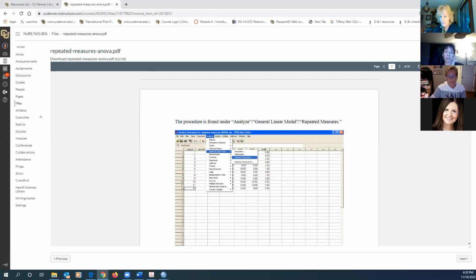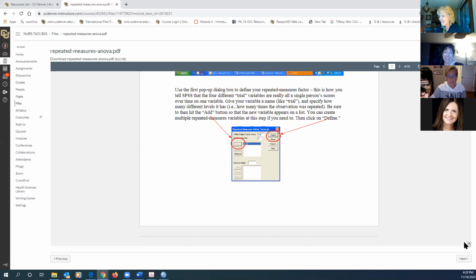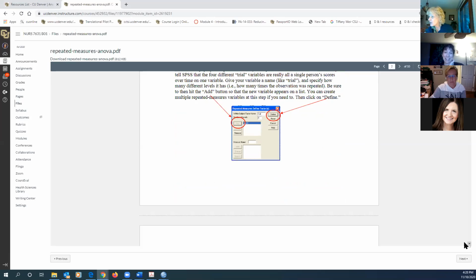Unfortunately, I know what each screenshot is from looking at it too much. So what did you put here? The heart rate, which is the 3 conditions. So we put heart rate, the number 3 to represent the 3 conditions, and then we advanced to adding them in the next step.